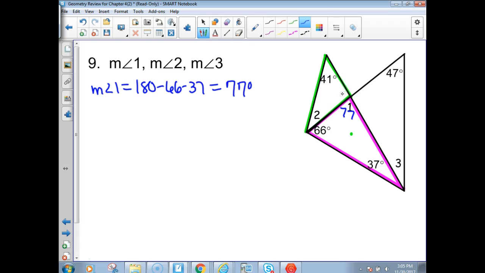Okay, this would be 103, which means the angle across from it, the vertical to it, is 103. Okay, you're going to have to use some thinking like this tomorrow. The measure of angle 2, well, let's just use the top green triangle here. And then we'll get angle 3 by using this triangle over here. All right, so why don't you find those 2 answers, please?